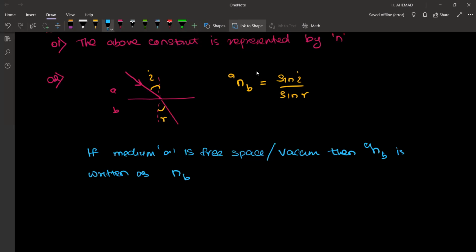We just omit that A. It is known as the absolute refractive index, the absolute refractive index of medium B.